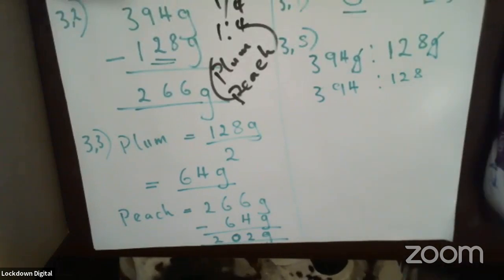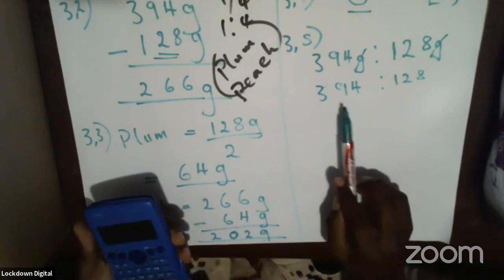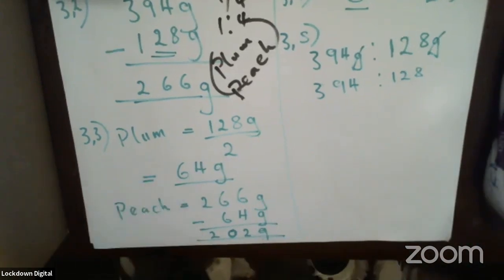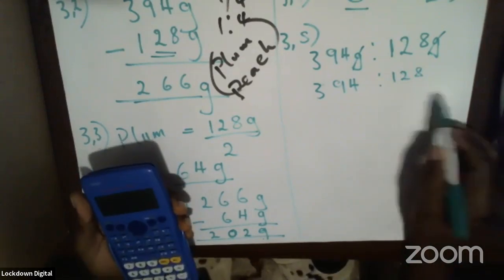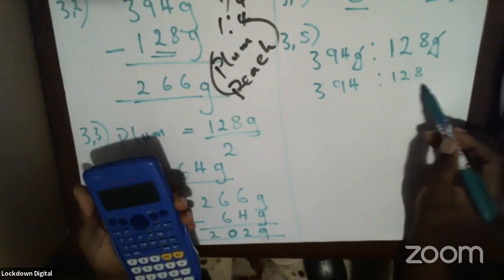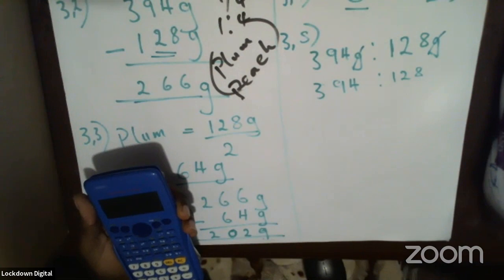Okay, so we need to find common factors between these two numbers. How can we do that? We have to think of a way of finding numbers that go into this number and this number without leaving a remainder.